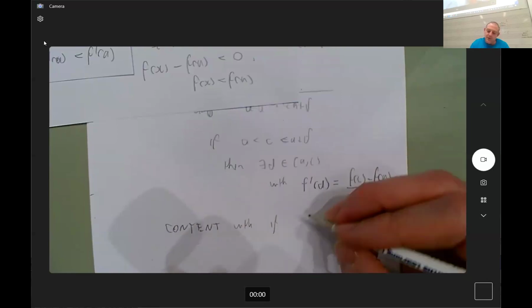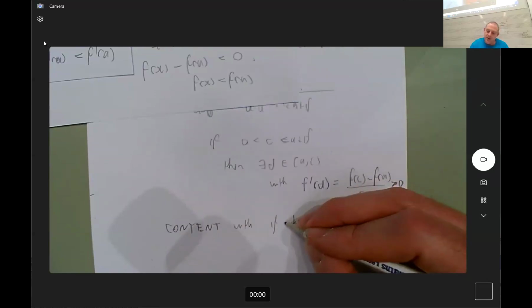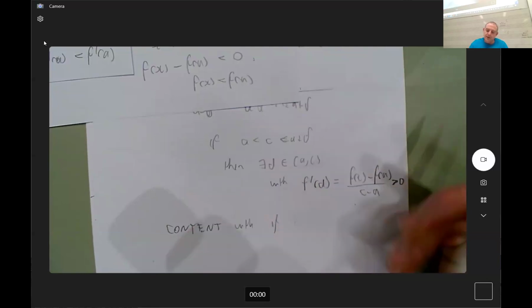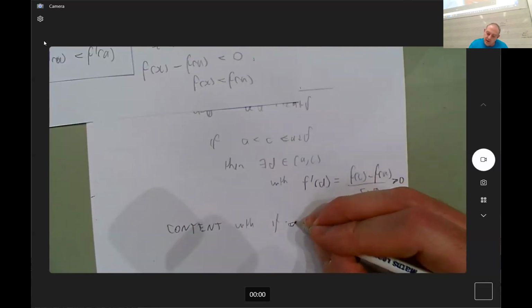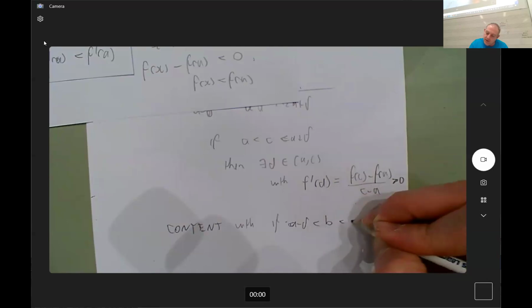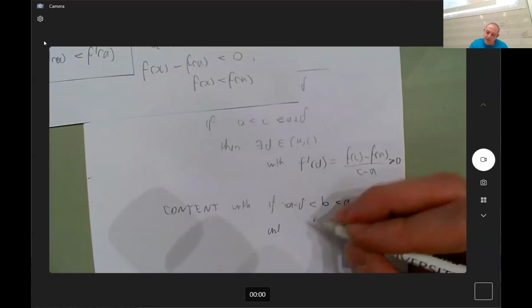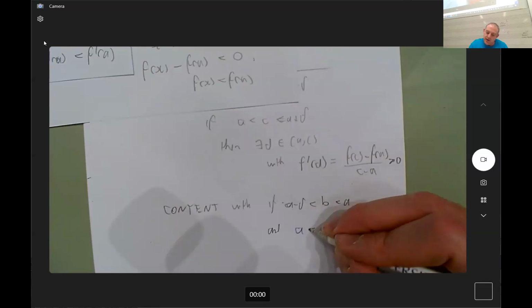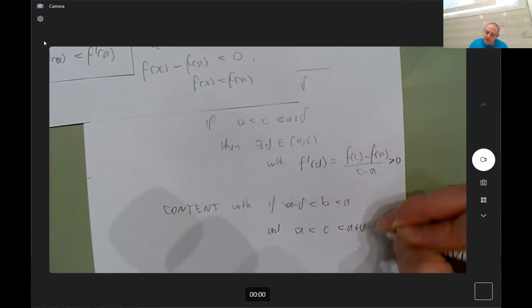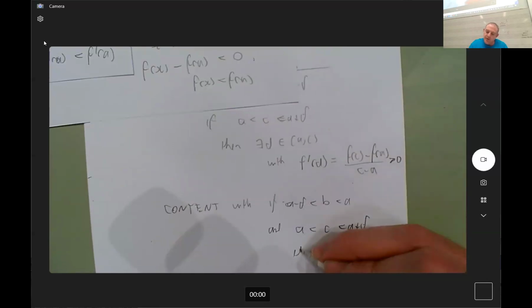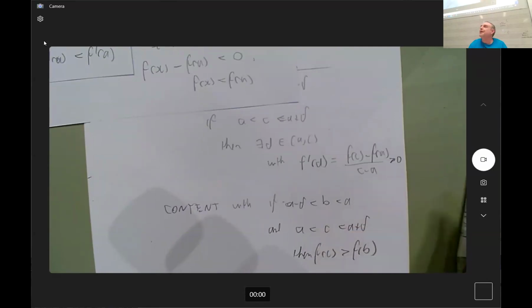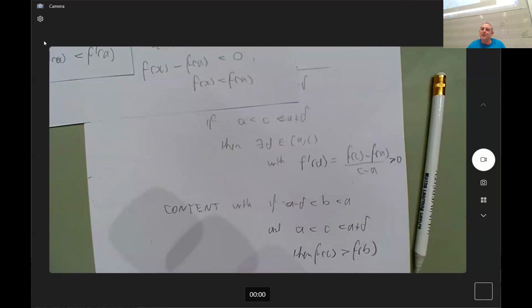I am now going to be content with this: if B is between A minus delta and A, and C is between A and A plus delta, then f of C is more than f of B. That is definitely what I know to be true, because f of A is between them.